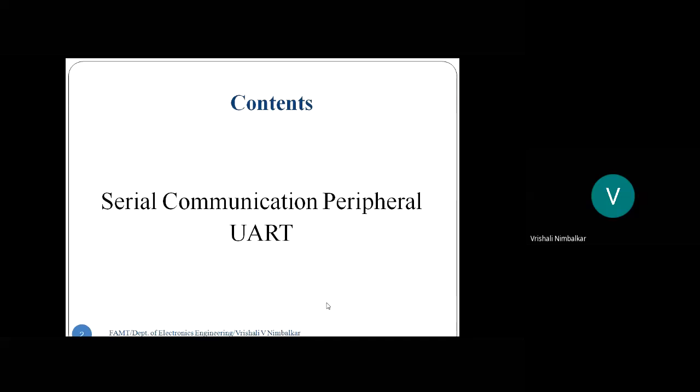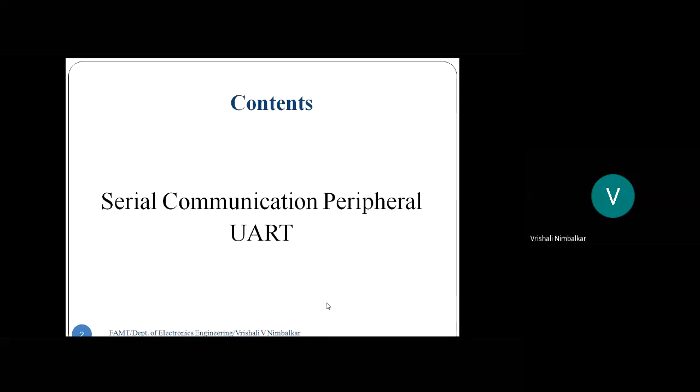Mostly in digital circuits, we follow serial communication, right? Why? Because the hardware is less. Lesser the hardware, more the reliability, lesser is the cost. When do we go for parallel communication? On a PCB, whenever you are communicating data from one device to another, and both the devices are on a single PCB, on a single motherboard, then we go for parallel communication.